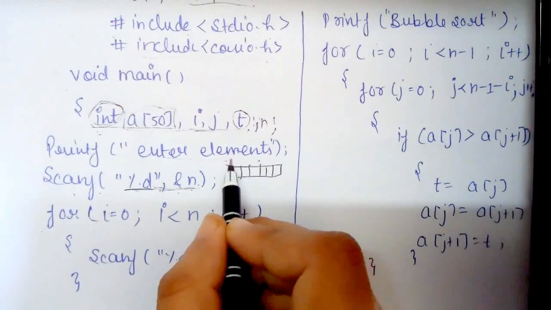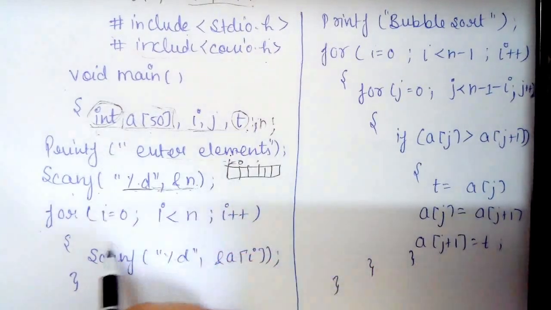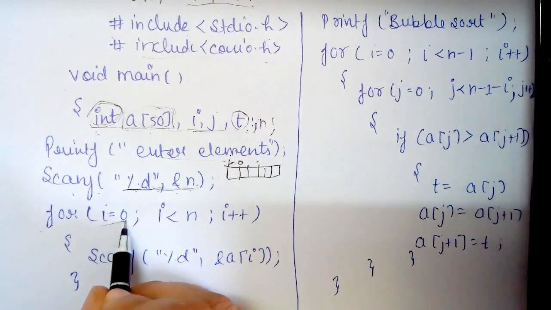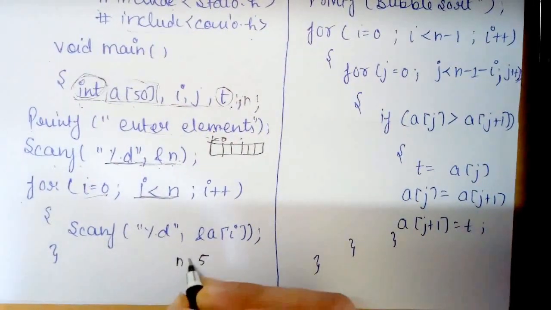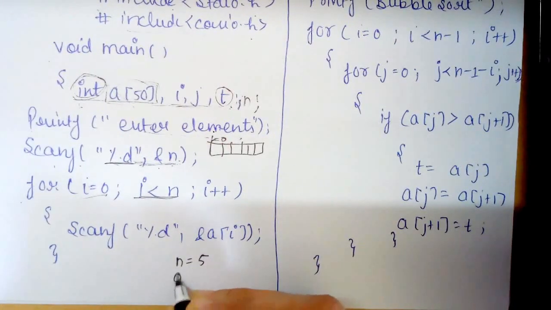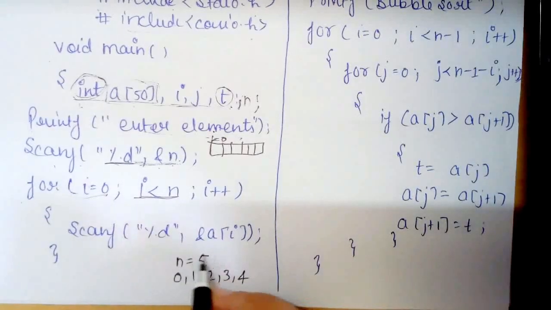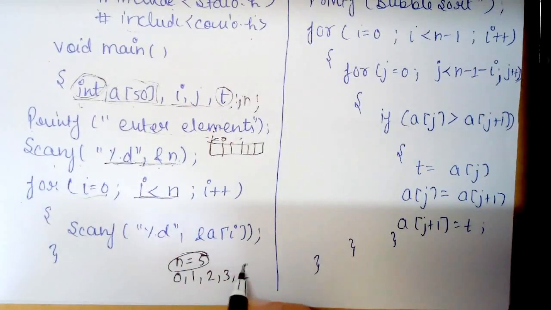As we all know, array index always starts from 0. Why have I written less than n here? Because if I enter 5 elements, n is equal to 5, so the array will be 0, 1, 2, 3, 4. So how can I get this 4?